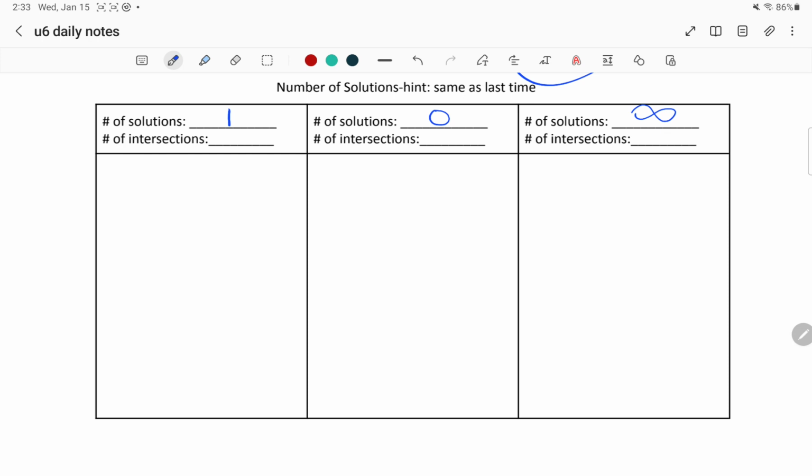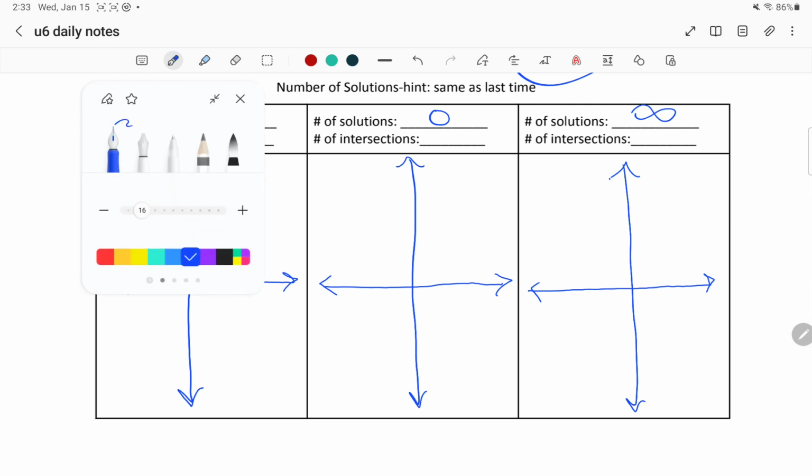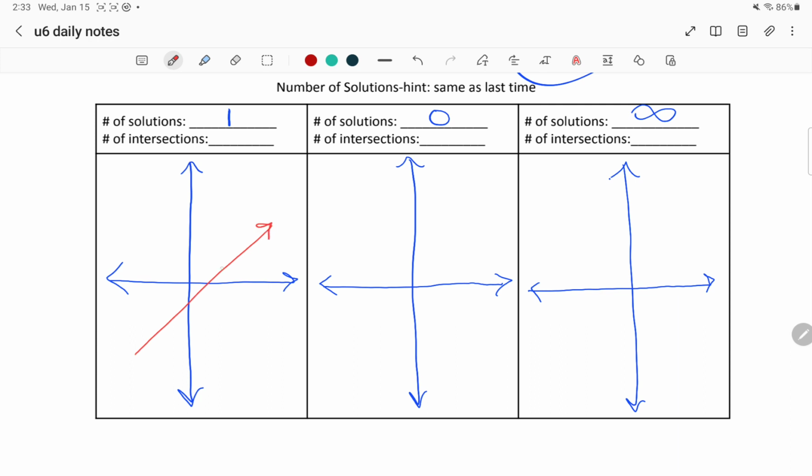We're just going to kind of look at it right now. So I'm going to draw 3 coordinate planes really quick. And then we're going to draw 1 standard line for each of them. And then I'm going to talk about the different number of solutions each time.